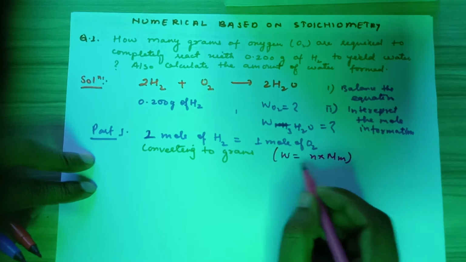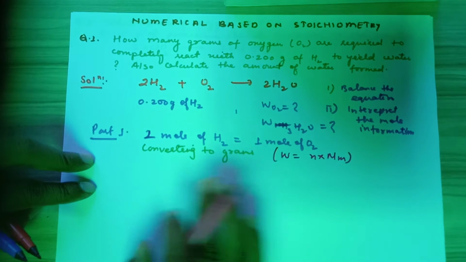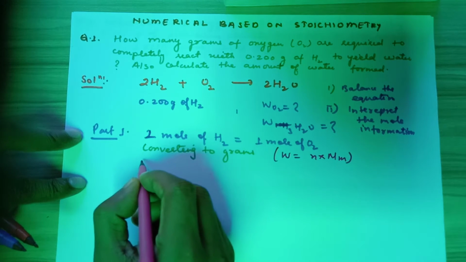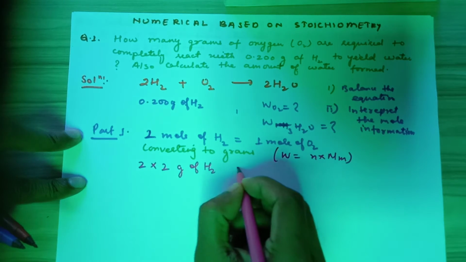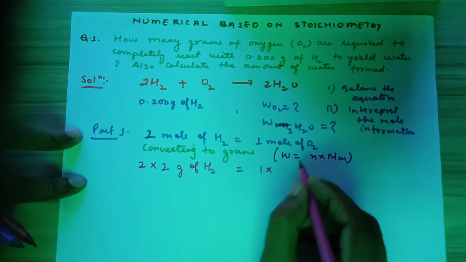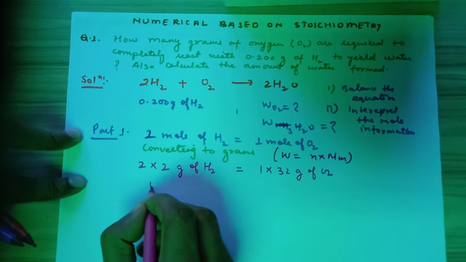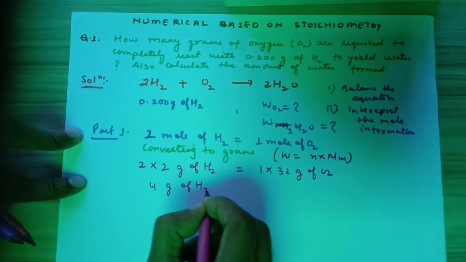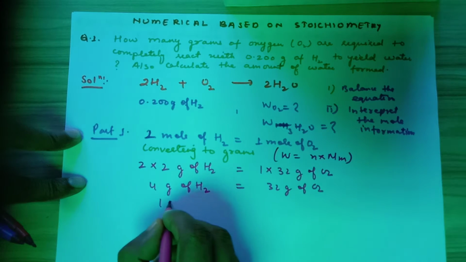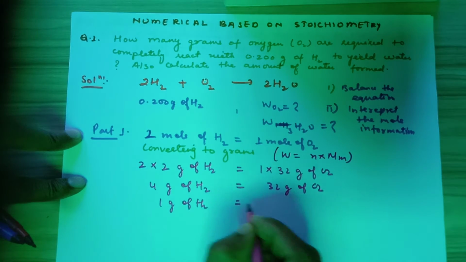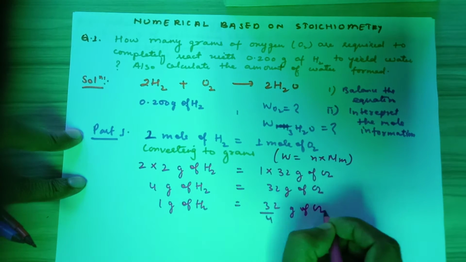W is the amount of substance in grams, n is the number of moles, mm is molar mass. So use it on both sides. It will be 2 into 2 gram of H2 gives 1 into 32 gram of O2. It means 4 gram of H2 reacts to give 32 gram of O2. It means 1 gram of H2 reacts to give 32 by 4 gram of O2.